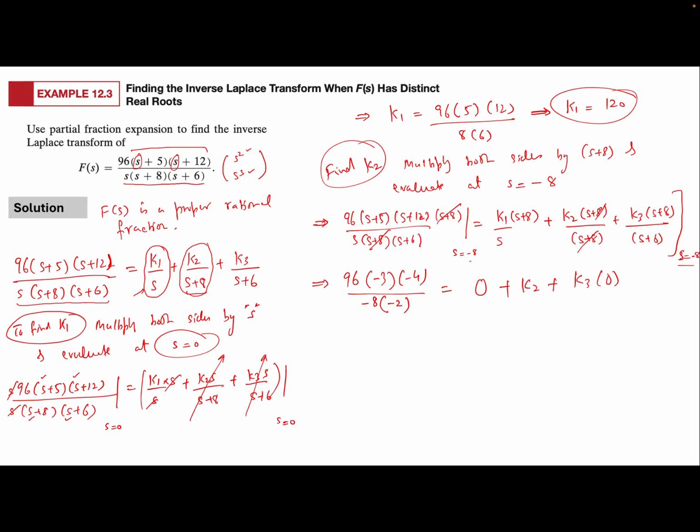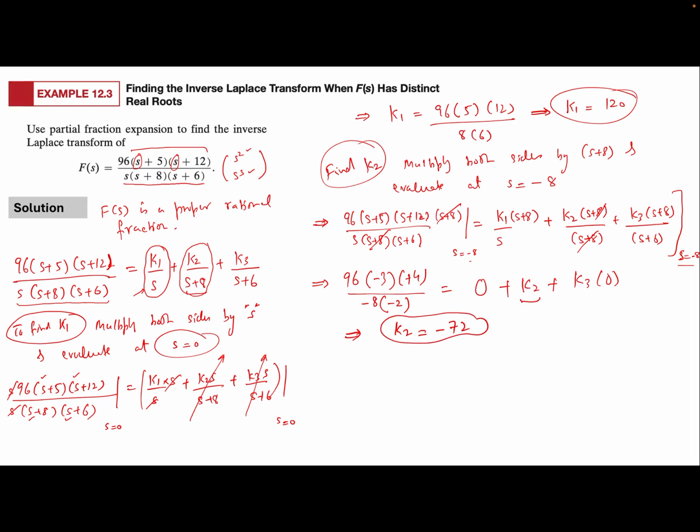If you realize, when we multiply both sides by a particular denominator, here s+8, and then evaluate, what we are practically doing is getting rid of all the other constants and remaining with only one constant. So this becomes much easier to find the answer. The value of K2, if you solve this, sorry, this should be plus 4, is minus 72.